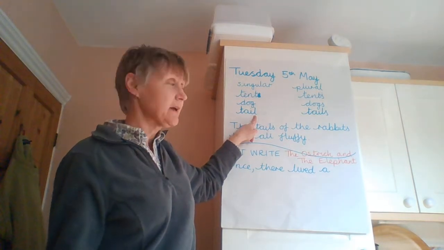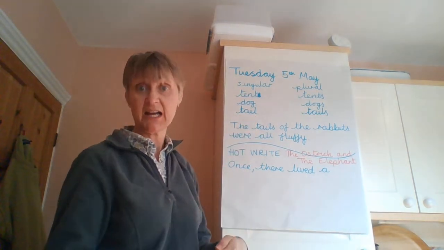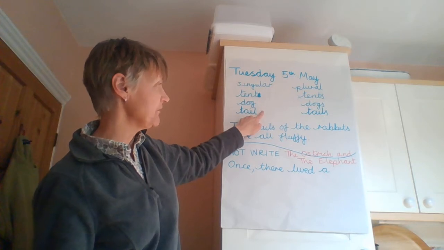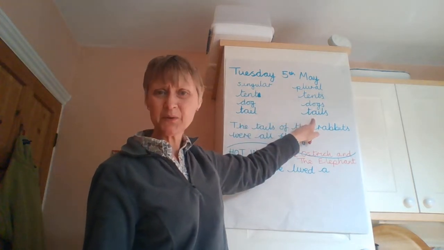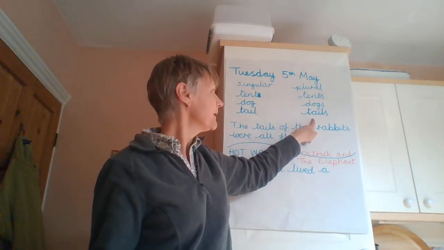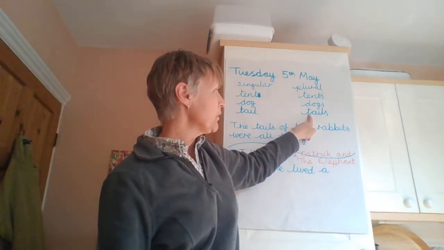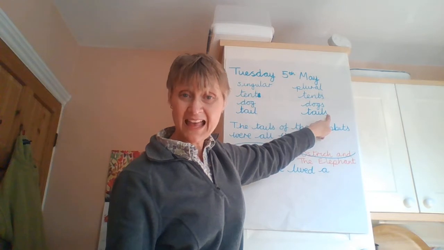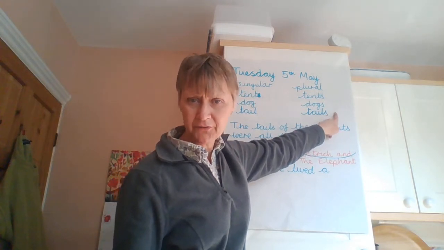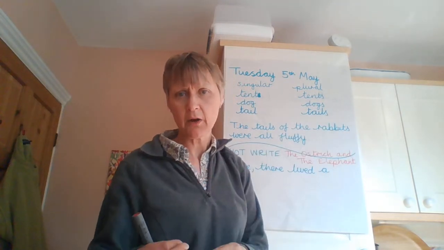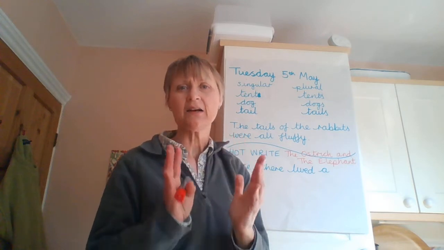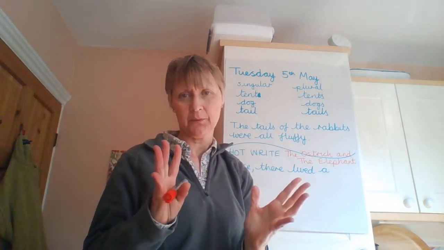It's a singular, so if something belonged to that tail, we would put apostrophe S. Tails, there's lots of them, so the tails on all the dogs, we've already got the S on the end, we put the apostrophe after it. And that's the rule we follow when there's an S on the end of the noun.